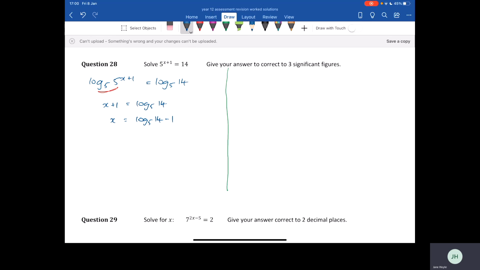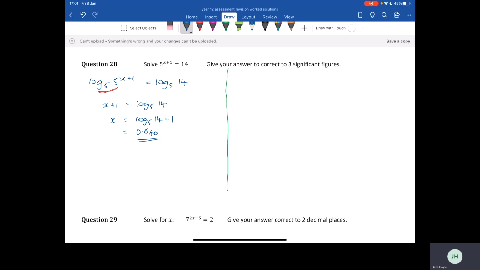Up until very recently, we wouldn't have been able to do that because we didn't have a log to any base on our calculator. But I know that my class in particular like doing this, taking whichever base is convenient. Working that out, we get 0.640 to 3 significant figures.